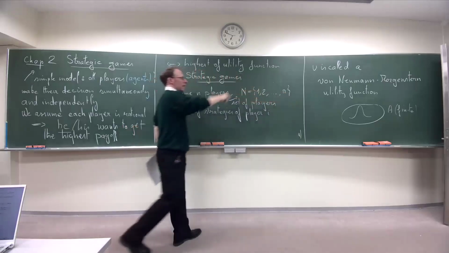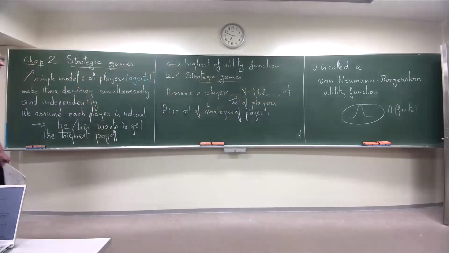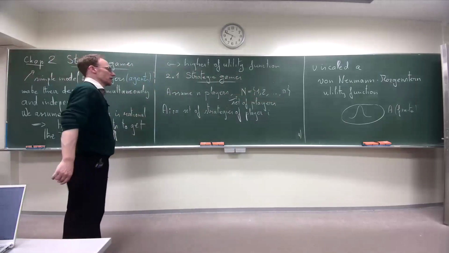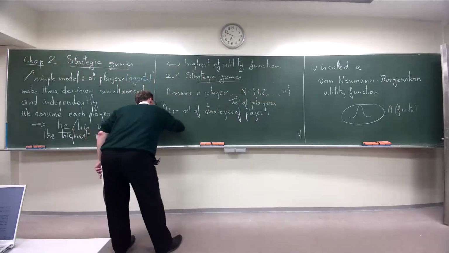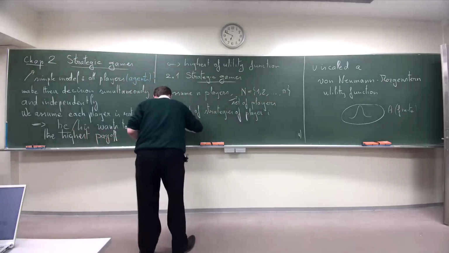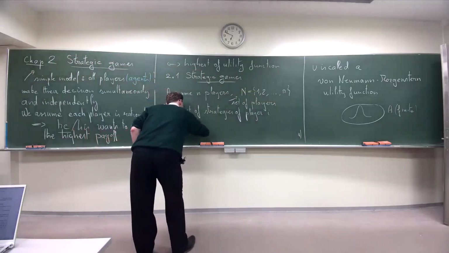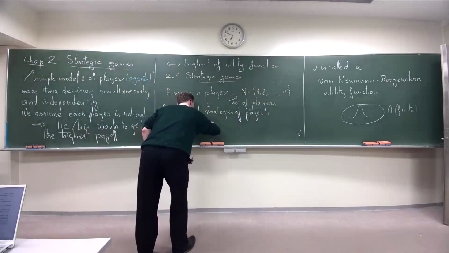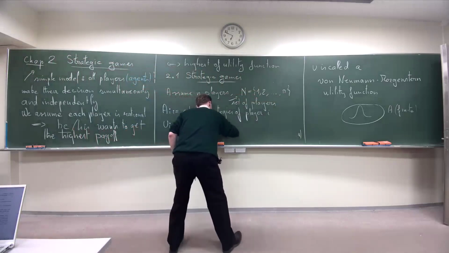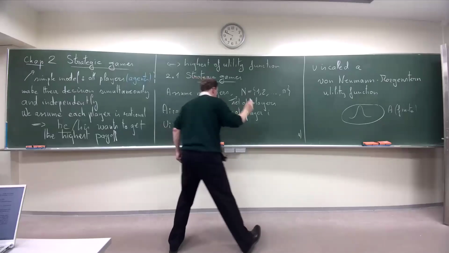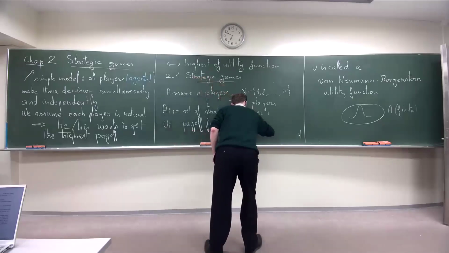So the same set as before, but now we have n players, so we have n sets, the set of strategies of player i, and U_i is going to be the payoff function or utility function for player i.